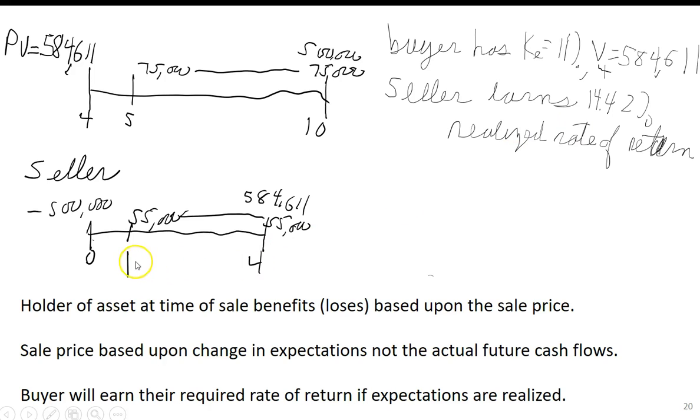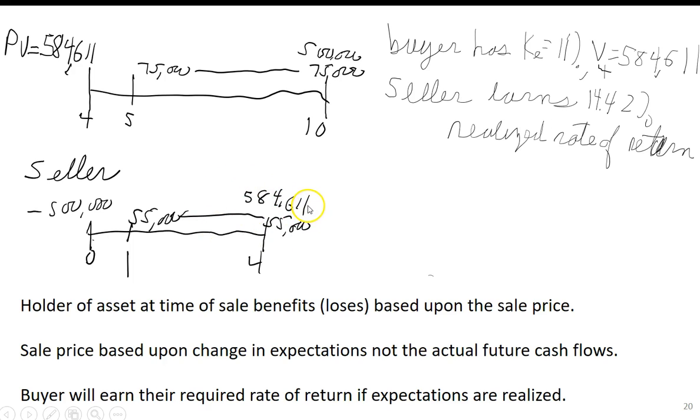14.42% because they started the business with an investment of $500,000, received $55,000 for years 1 through 4 and sold the business for $584,611.